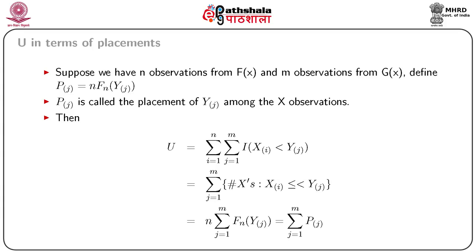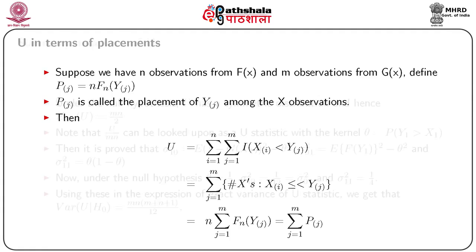Pj is called the placement of y ordered j among the x observations. Now, we can replace xi's by x ordered i's and yj's by y ordered j's. Then the summation i from 1 to n, indicator x ordered i less than y ordered j, is nothing but the number of x's less than or equal to y ordered j, that is n Fn of y ordered j, or the placement pj. Then u can be looked upon as the sum of the placements.